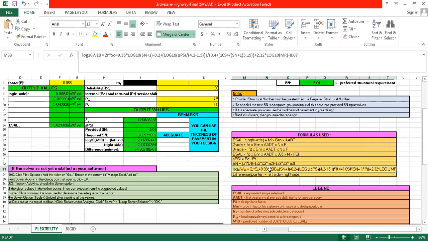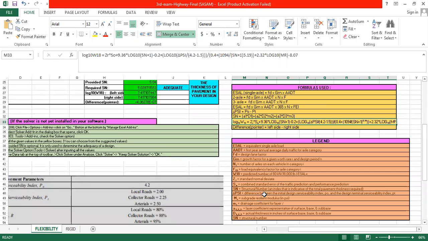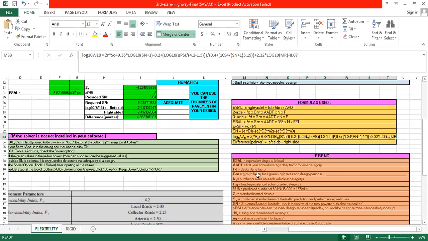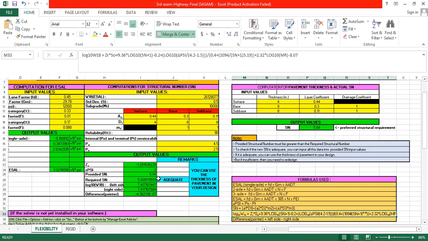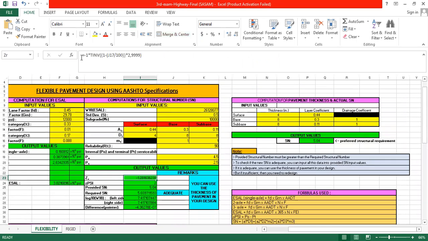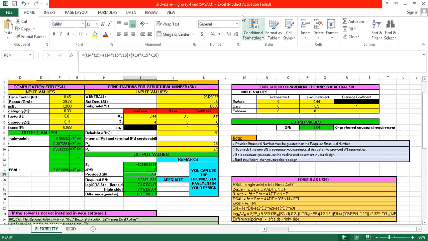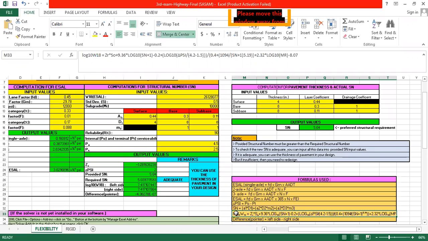We need to use this formula here, which is the log 10 of the predicted number of 80 kilonewton ESALs. So computing ZR, for the output value, since all of the values were given, let's just solve for this using this formula.